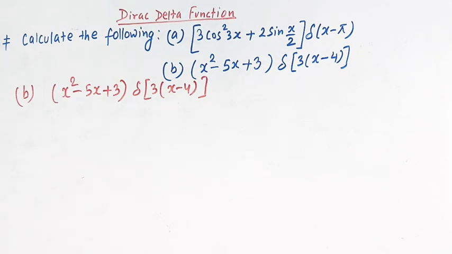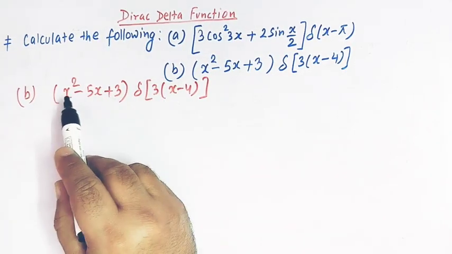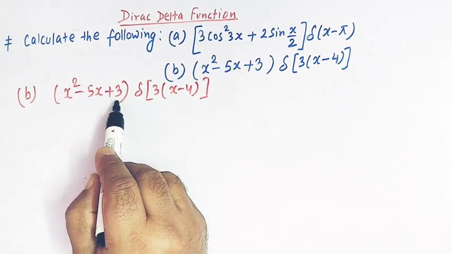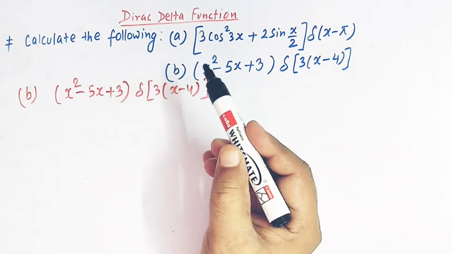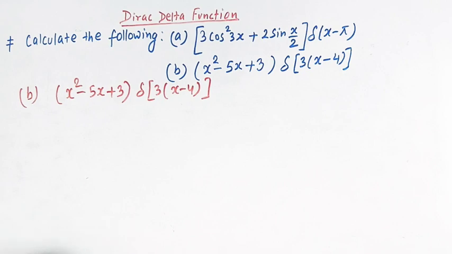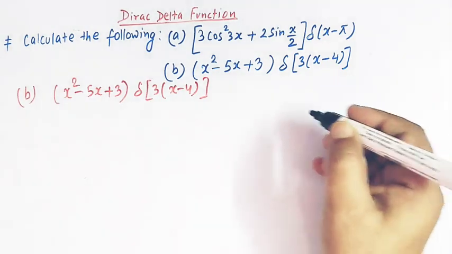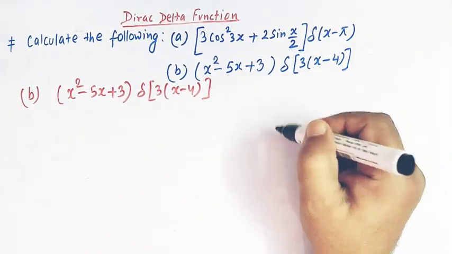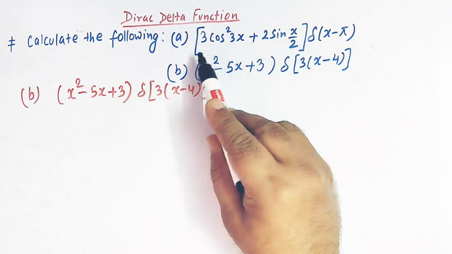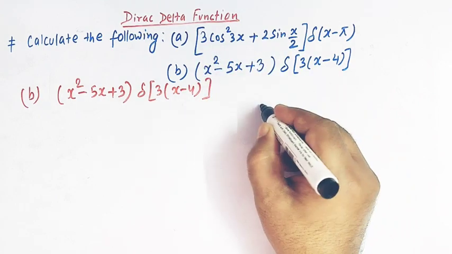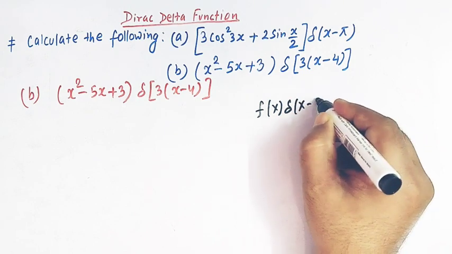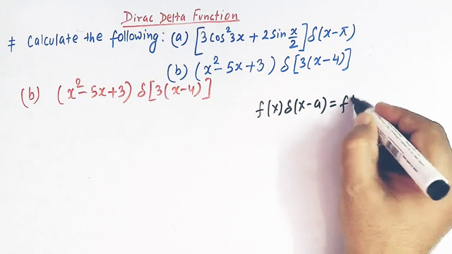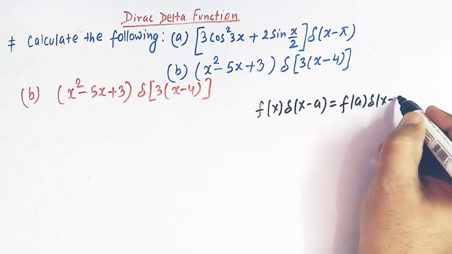Now let us take the second problem. Here we have x square minus 5x plus 3 and delta of 3 times x minus 4. Here also we will apply two important relations from the Dirac delta function. The first one is the relation which we used in solving the first problem: f of x delta of x minus a is equal to f of a delta of x minus a.